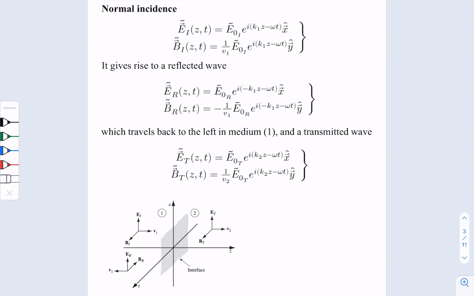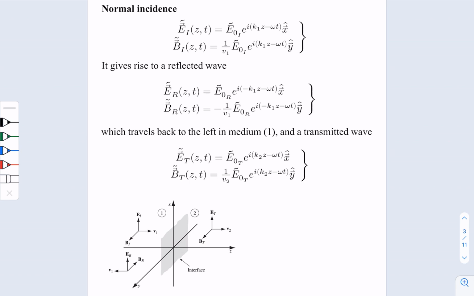So likewise, we can get the transmitted light. The electric field, we can assume, is along the x direction, and then the B field must be along the y direction.